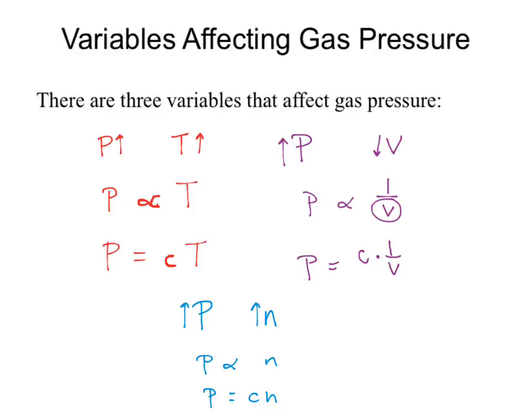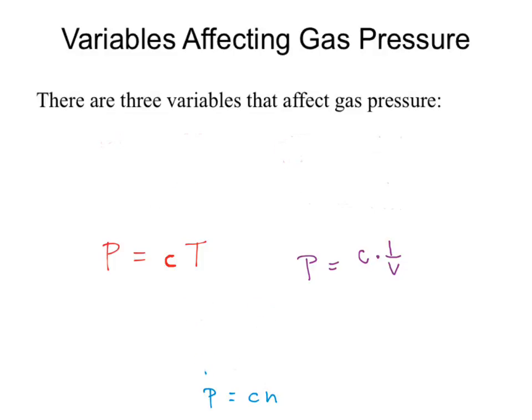So we said, okay, let's condense all of those terms down. And by condensing all of those terms, we ended up finding that pressure would be equal to our temperature times our moles over volume times some constant.